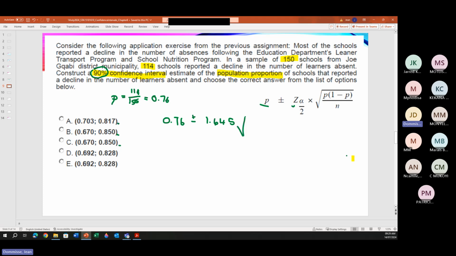And then we just need to work out the proportion part, divided by the 150.